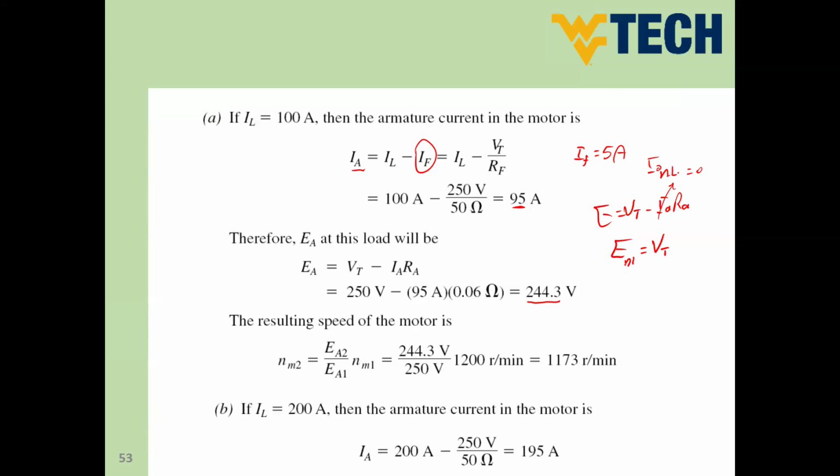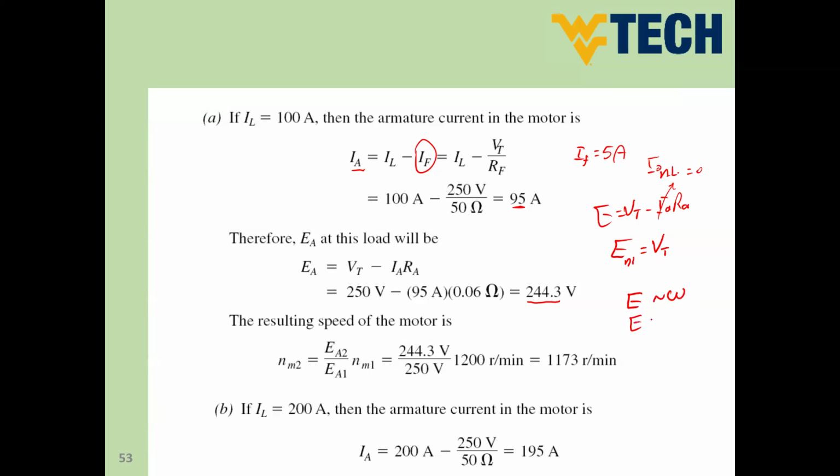So you can compare between the two induced voltages, E no load and our EA we calculated right here. Or if you would like to get the value of KFI and substitute in the new case, it's up to you. So both are correct, because by the end, the relation between E and omega is going to be your K phi.